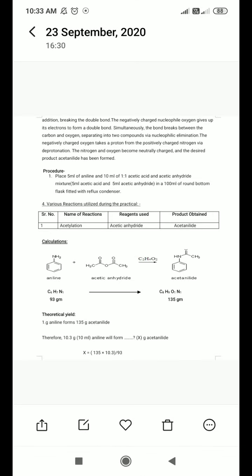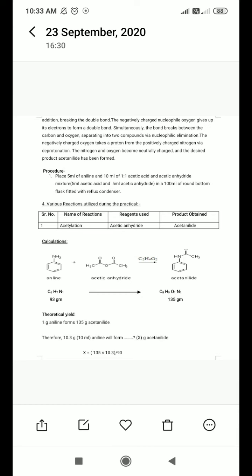Therefore, for the actual weight we have taken, that is 10.3 gram aniline, how much acetanilide will form? So X is equal to 135 gram, the molecular weight of acetanilide, and 10.3 is your aniline weight.